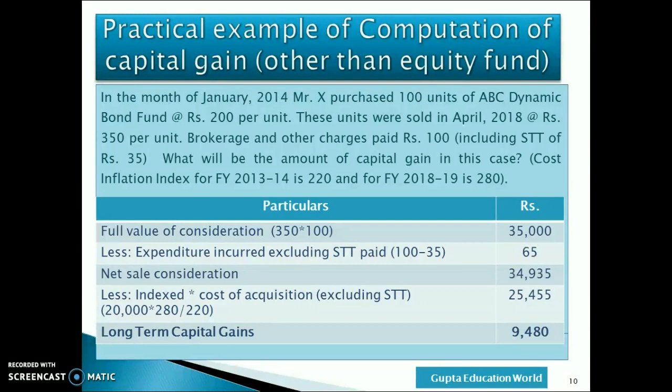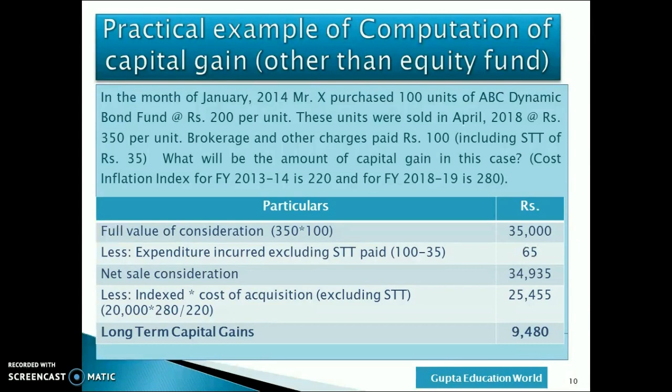From this you can exclude cost of acquisition, and because this is a long-term capital gain, you can take indexed cost of acquisition, and the indexation chart is 220 for financial year 2013-14 and 280 for financial year 2018-19.